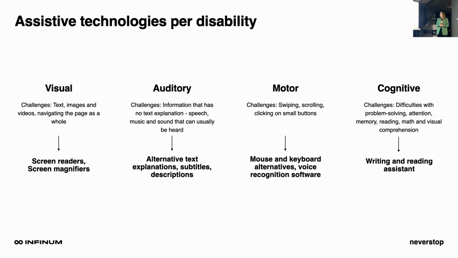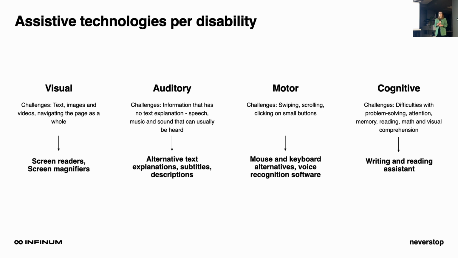Now I've listed assistive technologies that help users with disabilities to use apps. People with visual disabilities have challenges seeing text, images, and videos, and navigating the pages and apps.